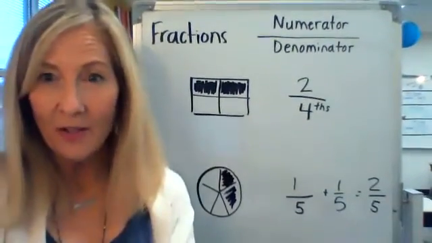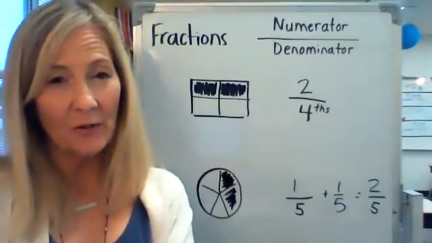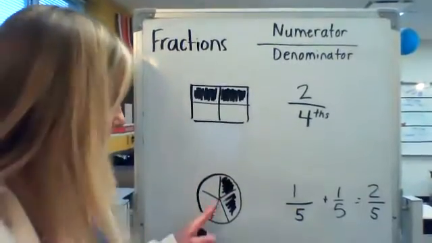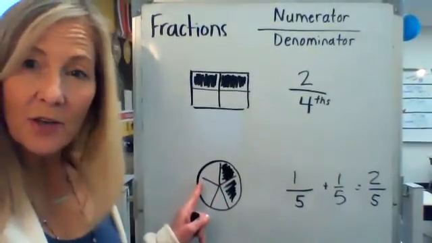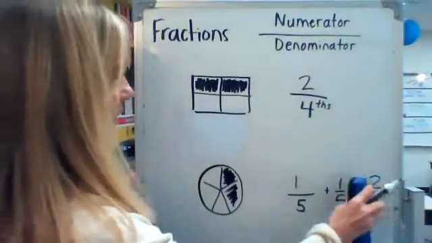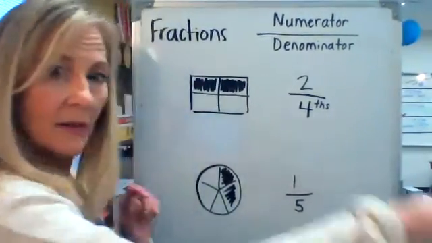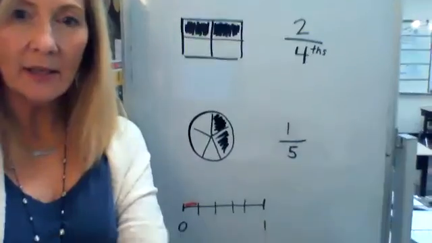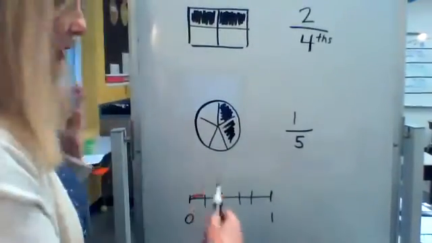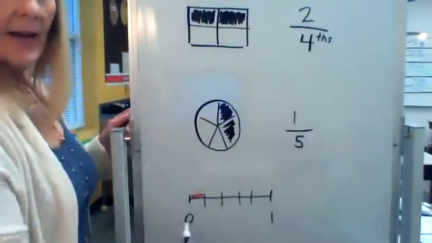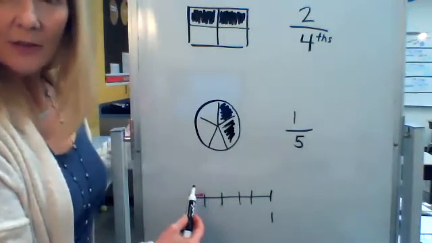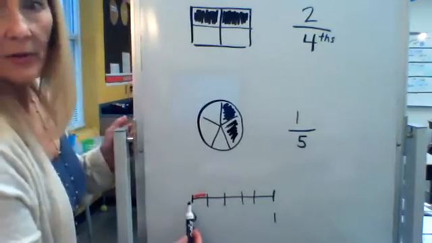Well, let's talk about different ways you're going to see these fractions represented. Might see a model, an area model. Might see a model that looks like this when we're trying to describe an amount, and let's just try to describe 1/5. But you also could see a model like this, which is a number line, right? Again, if I want to know what unit to call this amount, I have to say, okay, where's the whole?